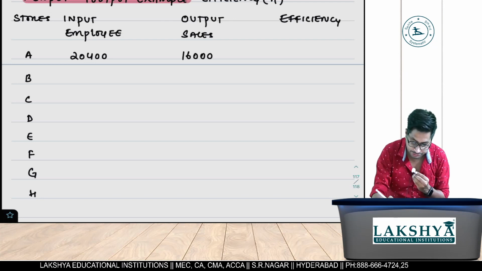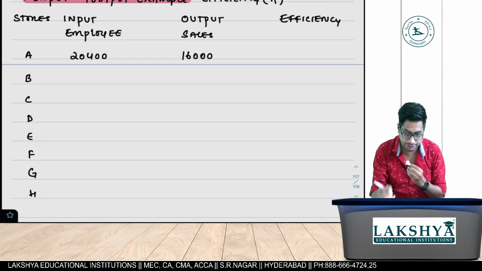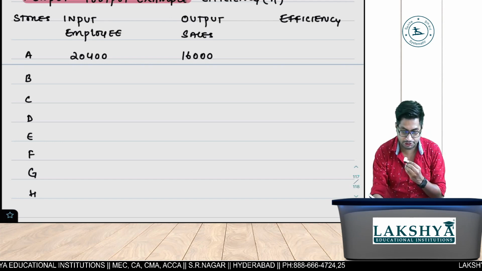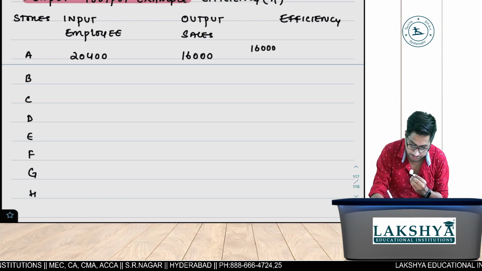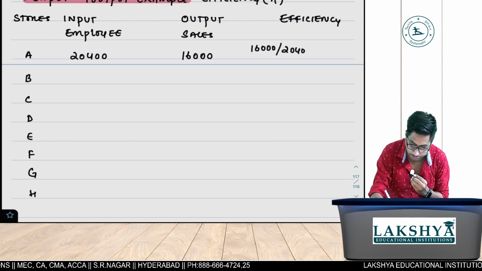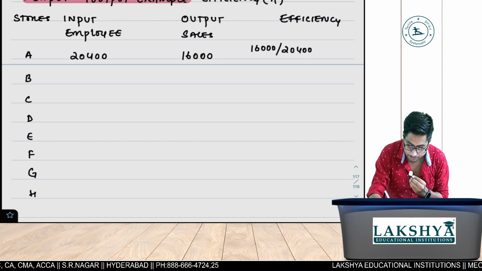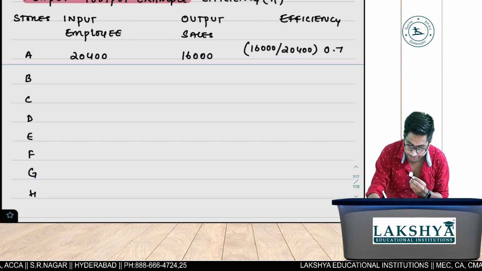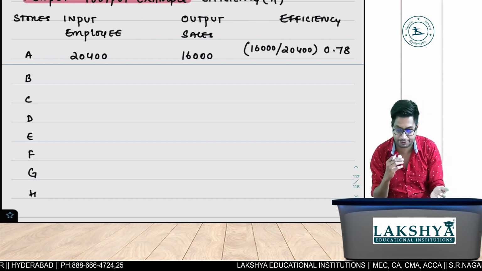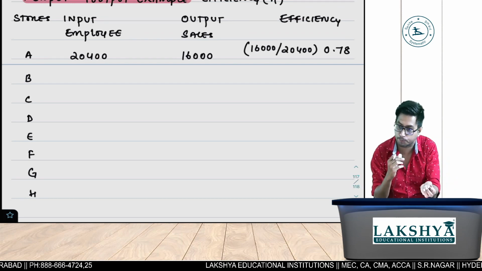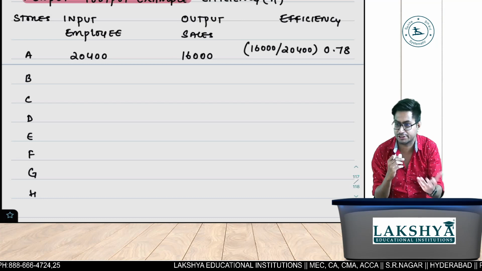What is the efficiency? How to calculate efficiency? 16,000 divided by 20,400. 0.78. This is the efficiency. So in simple words, can I say this is the output per employee, or sales per employee?